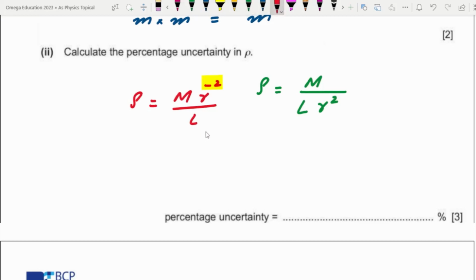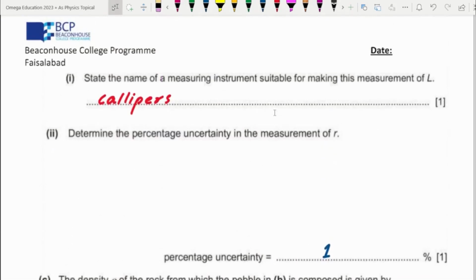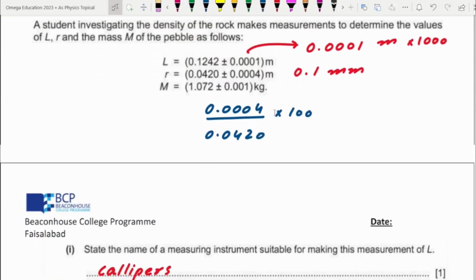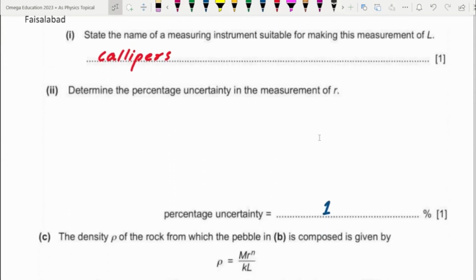So the percentage uncertainty of m is how much? Okay, we need to find the percentage uncertainty of m. So the percentage uncertainty of m would be 0.001 divided by 1.072 times 100. And the percentage uncertainty of r we calculated already. It was 1%.